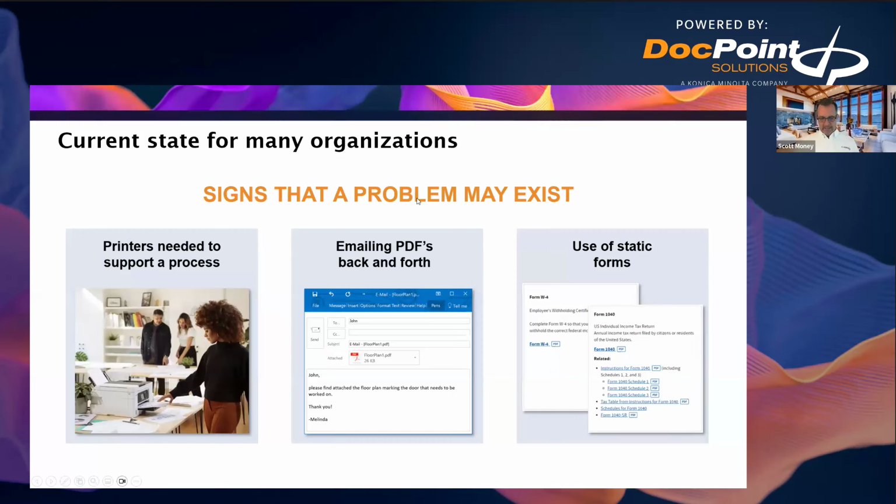Are you emailing PDFs back and forth? That may seem modern, but it's replicating a paper-based process. And even if you're e-signing, your worst case scenario is if you're printing that out to sign it, or even if you're e-signing it and then saving it and then resending it back to someone else, that can become cumbersome.